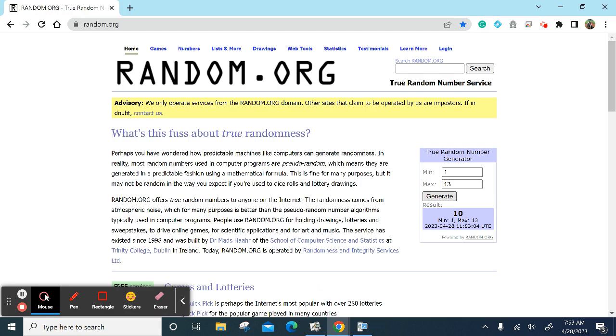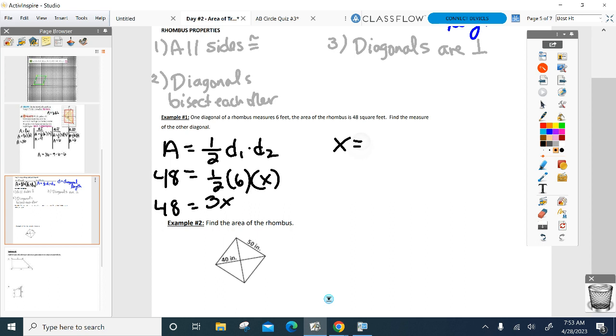And how long is that other diagonal? When you're ready. 16, yep. 16, what do we got here? Feet. Okay, we're all right there. A little basic one.